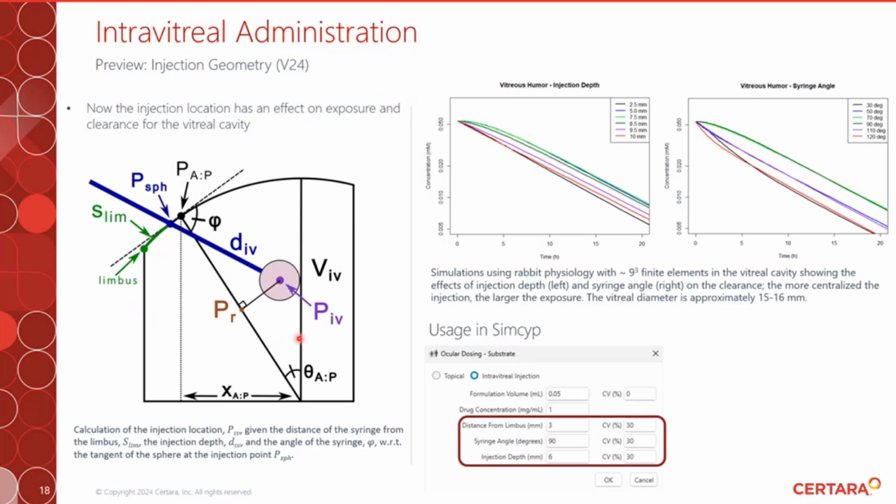So injection depth is how deep, of course, and the angle is what angle the syringe is at from the clinician. Both of them have quite a large effect. It really matters where you put that injection, because the closer it is to the retina or the anterior portion of the eye, the sooner it will be able to clear from the vitreal cavity, and it won't have to traverse across the whole space.